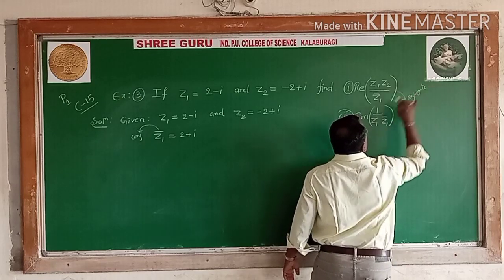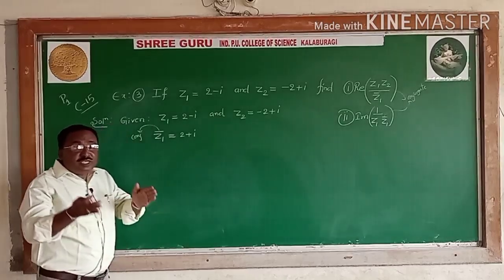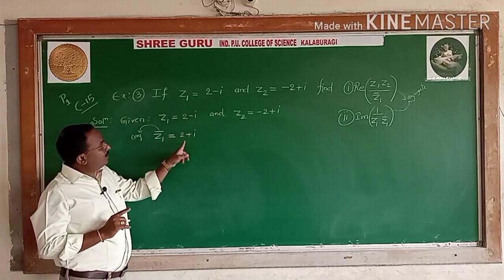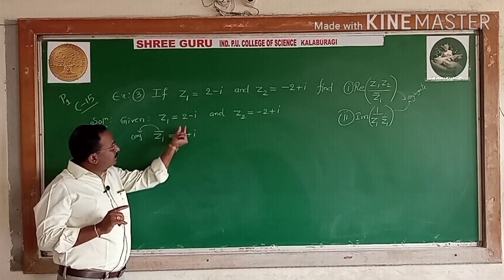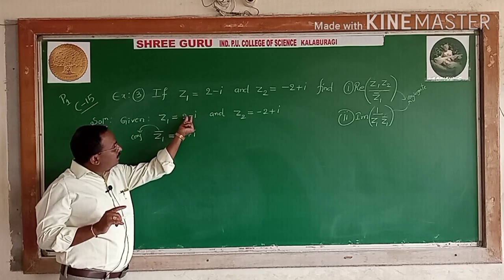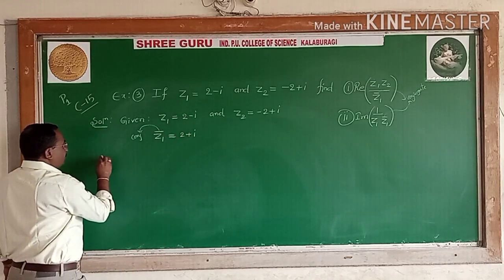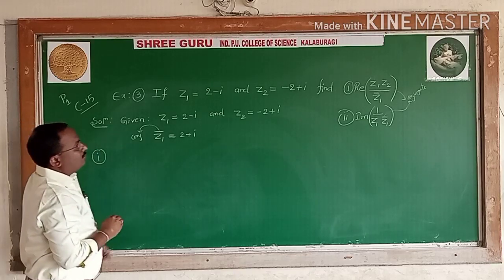This is the conjugate symbol. Conjugate means change the sign of the imaginary part. This is a complex number; for its conjugate, the real part stays as it is and the sign of the imaginary part changes. Minus becomes plus. That is the first one to find. What is the value?